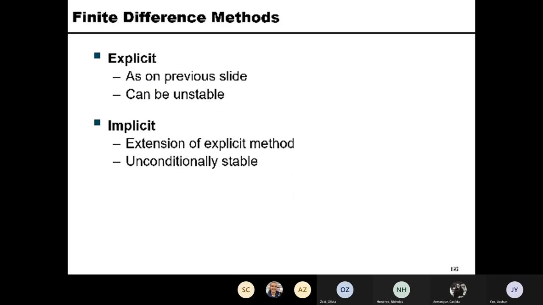For the finite difference method, at least when we solve the finite difference equation, you have two ways. One is called the explicit method, which means on the left-hand side is the new solution you want, the new point, and on the right-hand side are all the elements you already know.